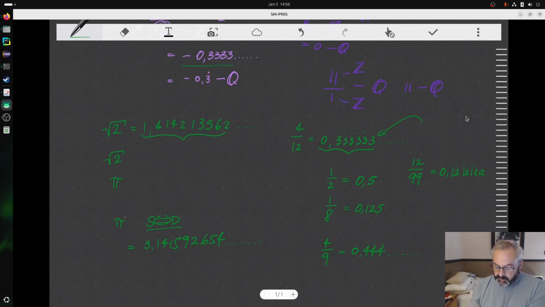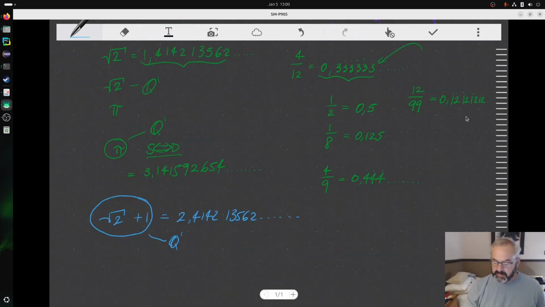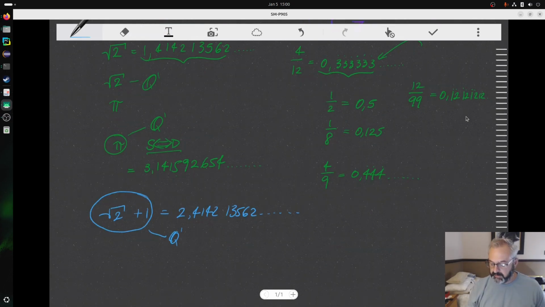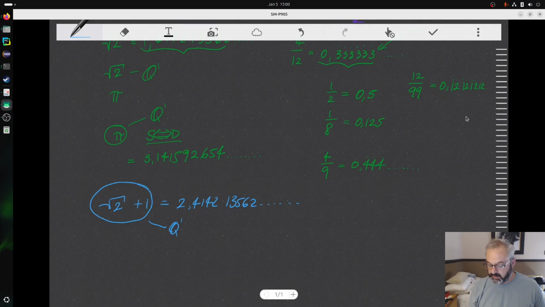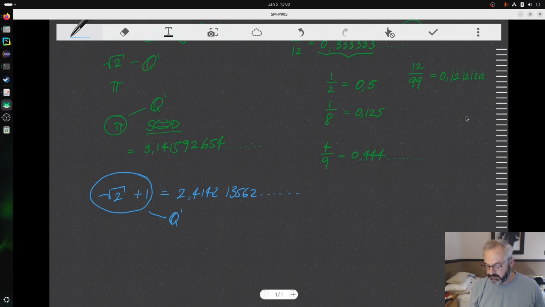So the number pi is also an irrational number, and this is its symbol, a Q with an apostrophe, just like we showed that the square root of 2 is also Q with an apostrophe. Remember, this is the symbol for integers.